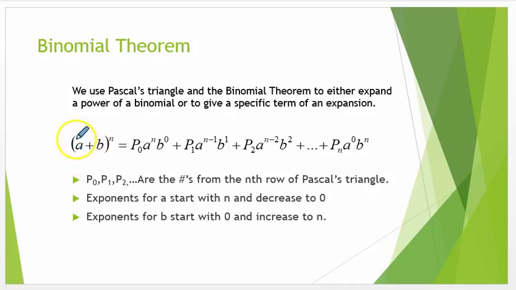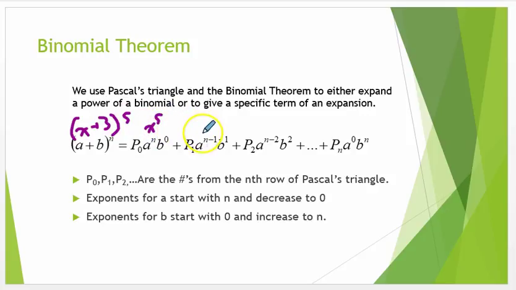Now the pattern for this is to start with whatever term you have here being raised to whatever power you have out here. So if our expression was something like x plus 3 to the 5th power, then all you would be doing is starting from x to the 5th power and then counting down.